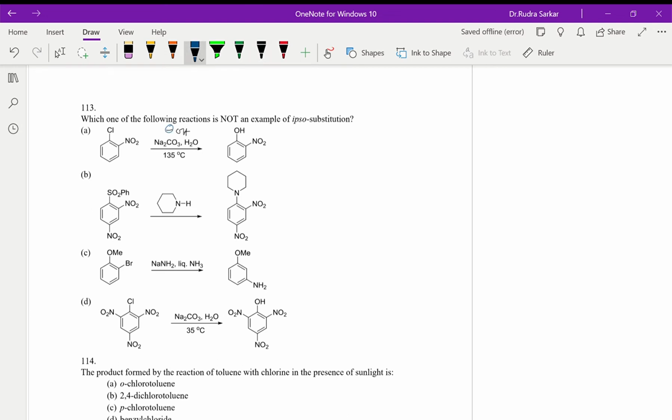So this is undergoing aromatic nucleophilic substitution, and correspondingly the Cl is being replaced and the OH is formed. Here also, SO2Ph is a good leaving group and it is replacing the SO2Ph group. So this is also ipso and that is also ipso.